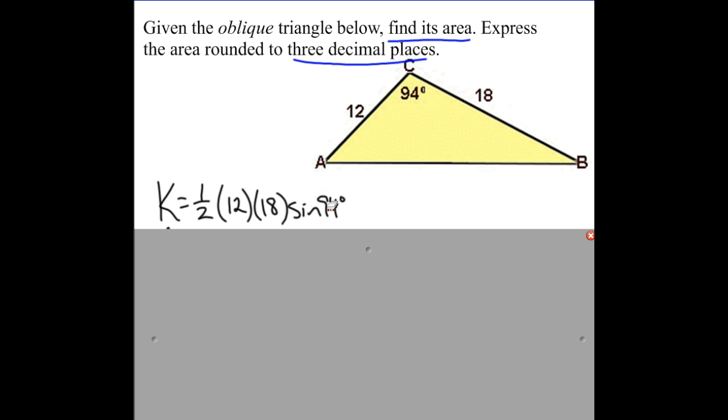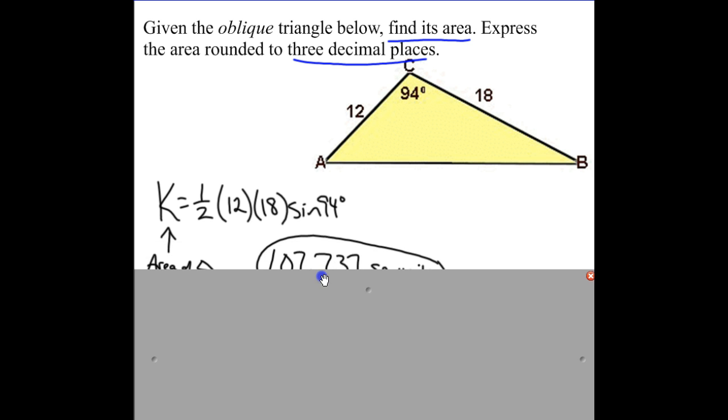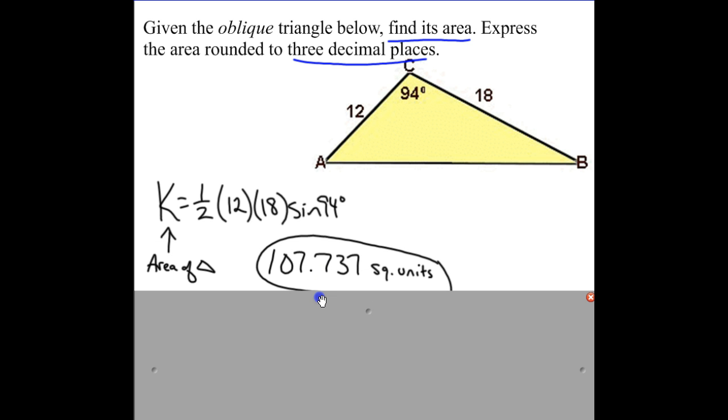Make sure your calculator is in degree mode. Enter that expression and figure out what you get. To 3 decimal places, you should get 107.737 square units. We always want to put the unit on there, and of course it will be square units.